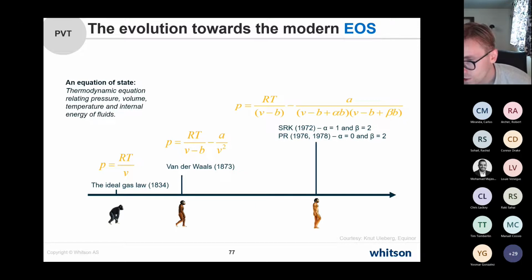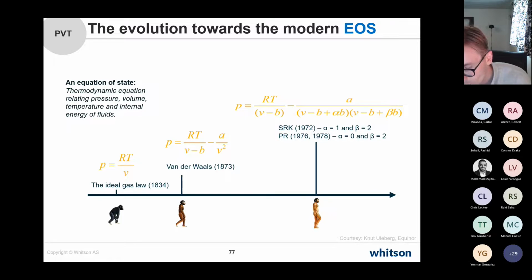These were introduced in probably the 1970s, around that. When it comes to equation of state calculations in the oil and gas domain, those are the ones that are used 99.999% of the time. And in terms of predictive capabilities, they're very similar. Both are cubic equations of state, and you can use either of them in Whitson Plus, for instance.